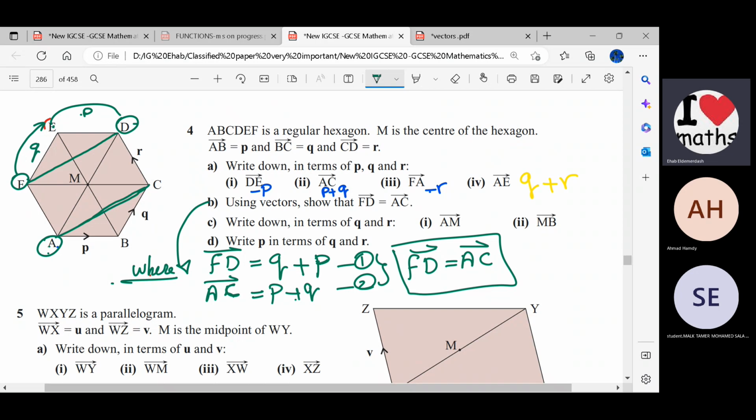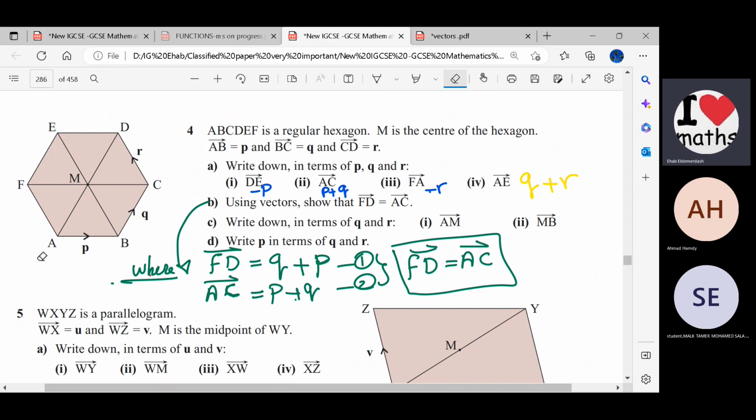Okay, let's go for another part. I need all of you to try it yourself. Write down in terms of Q and R the vector AM. I want you to find the vector AM. Who can tell me the vector AM? But it is required here in terms of Q and R only. Who can tell me what is the AM? By the way, it's very easy. Bravo, correct, it is Q. So what is the MB?